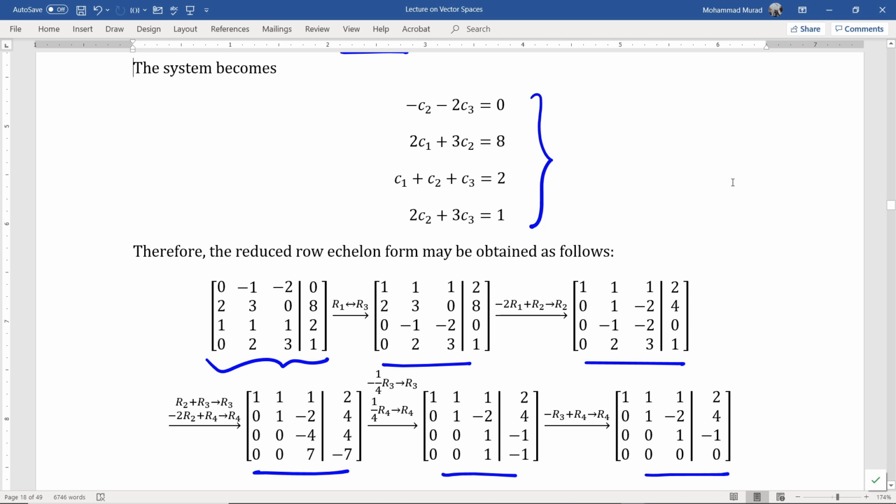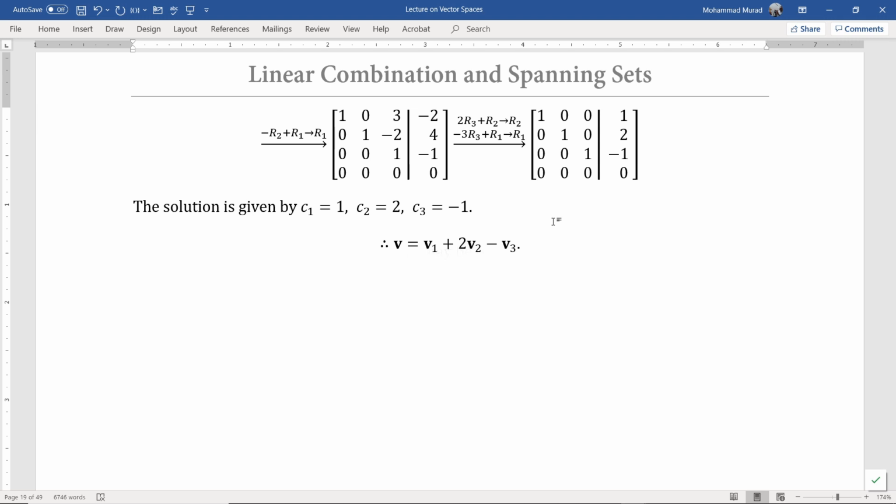Please pause the video and try to see the row operations. And finally, we get the reduced row echelon form of the given system of linear equations.